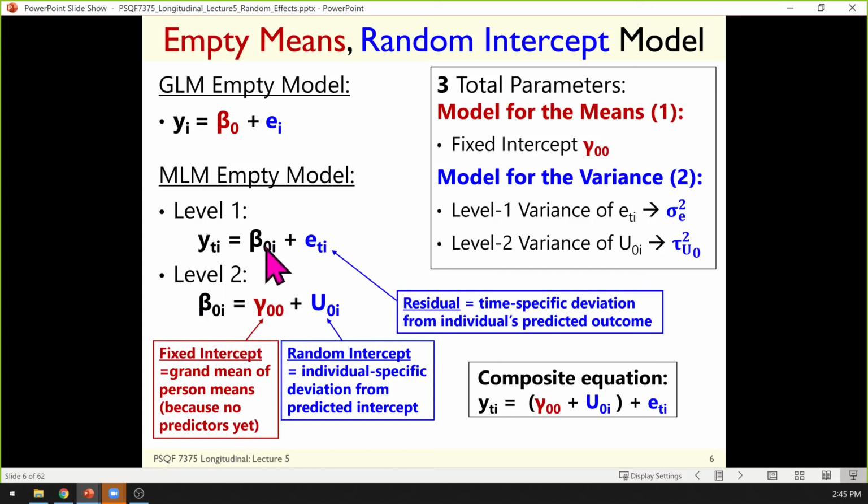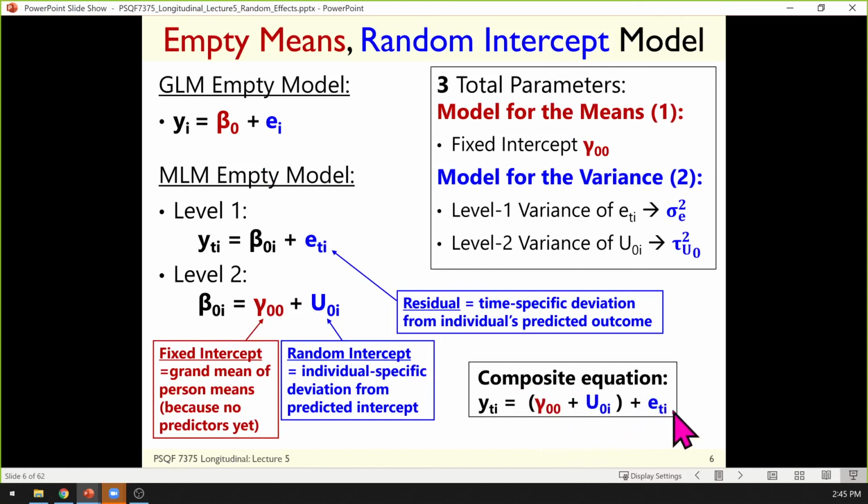Then we come back down to level 1, and we pick up ETI. So E is the level 1 residual at time t for individual I. It is how far off a person is from their mean at a particular occasion. So this seems hella convoluted when you look at the composite equation down in the lower corner.